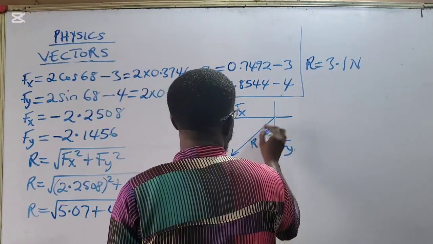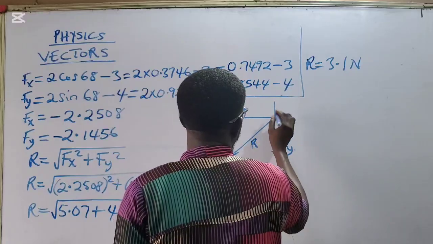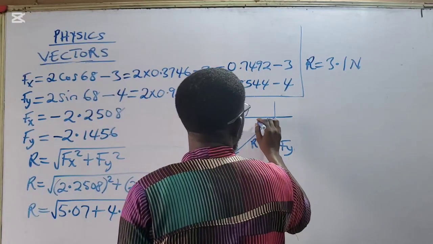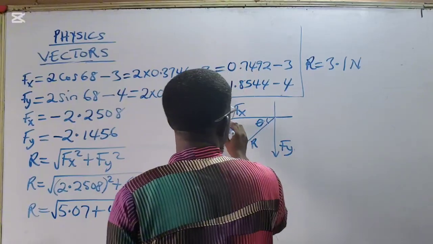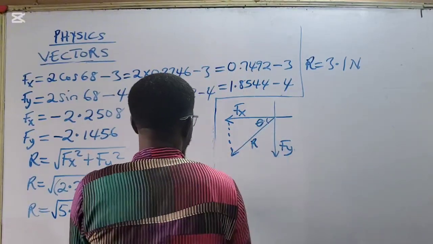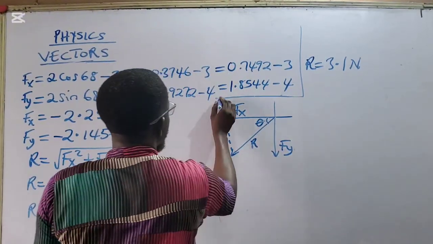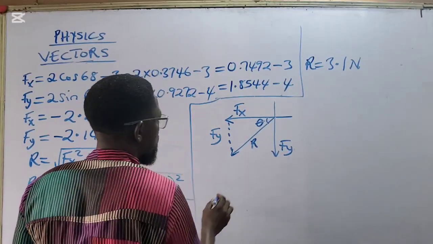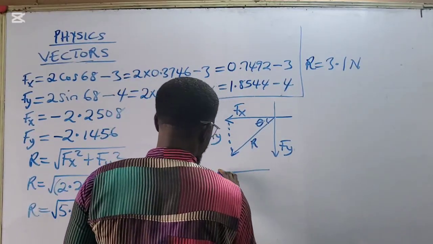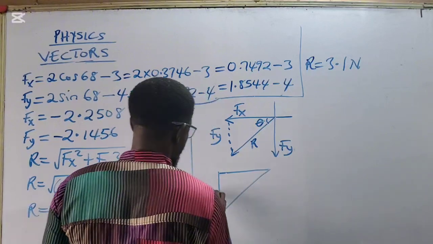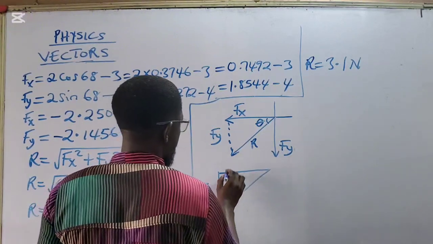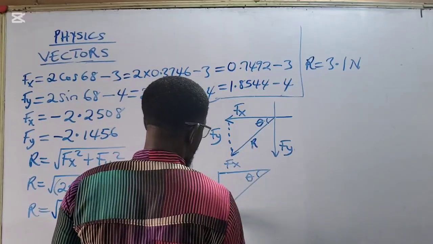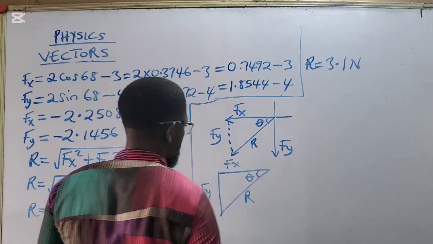So we have the resultant, then we have the angle theta. So if I draw that part of the figure, we have Fy, we have Fx, we have theta, and we have R.